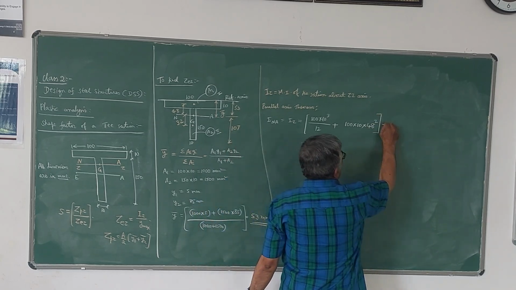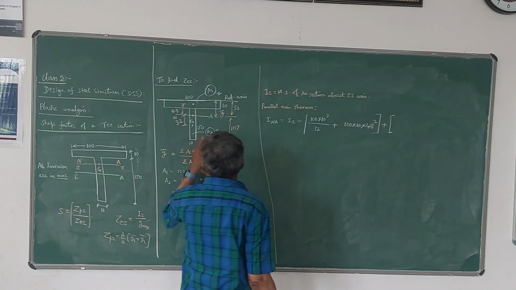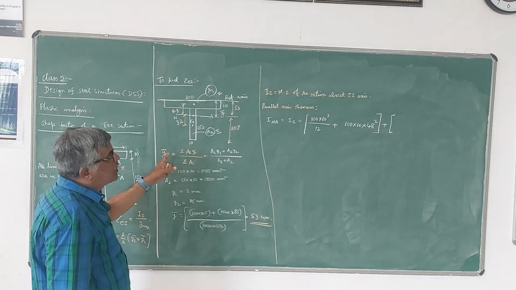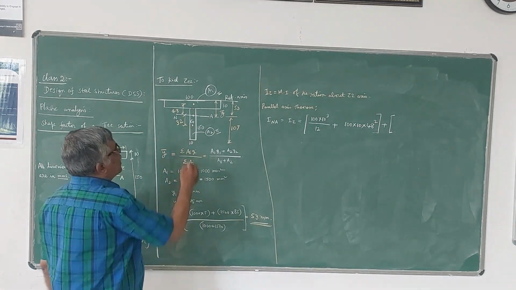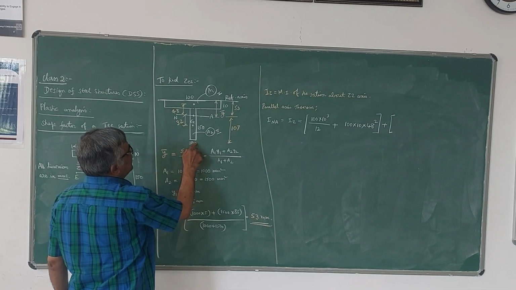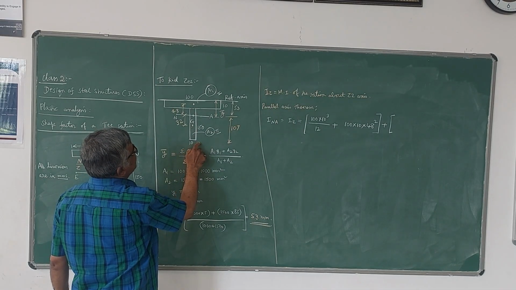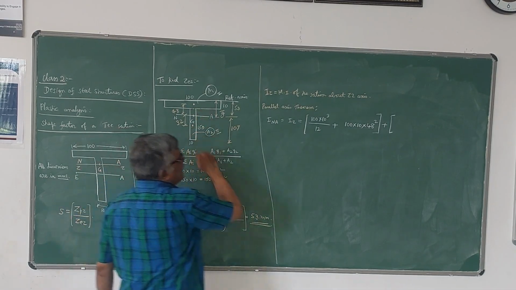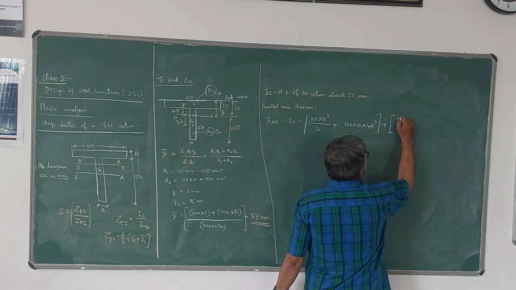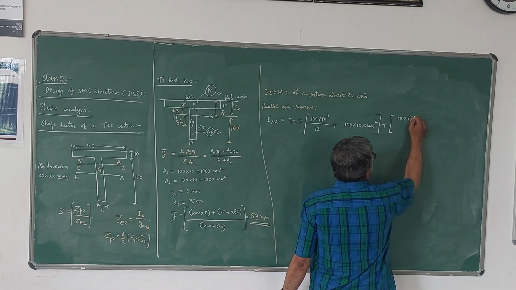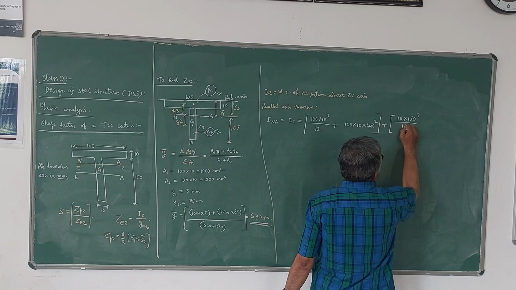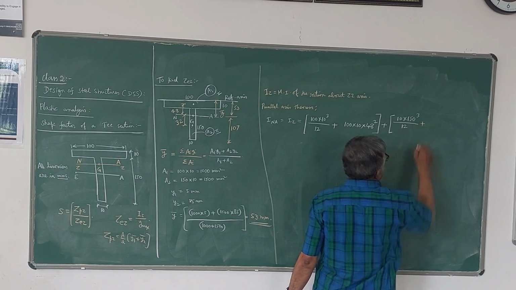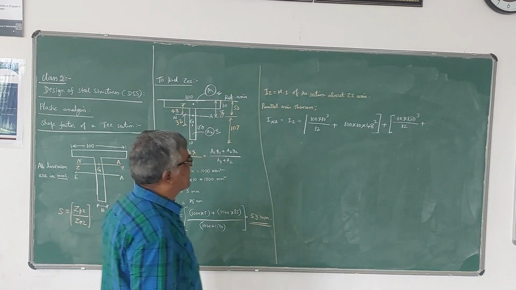Plus, similarly, I have to apply this for the other rectangle, the web portion. BD cube by 12 for the web: 10 is B and 150 is D here. So 10 into 150 cube by 12. BD cube by 12 is the standard formula for the moment of inertia of a rectangle about its centroidal axis.